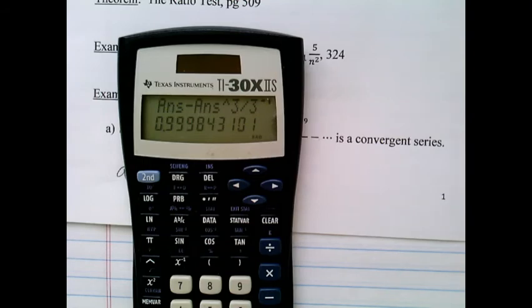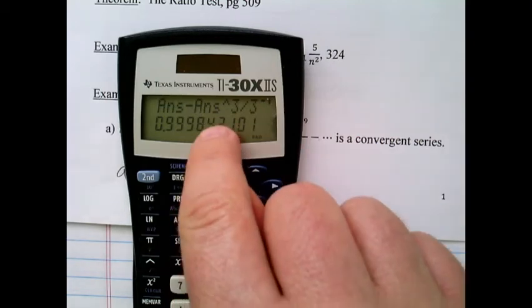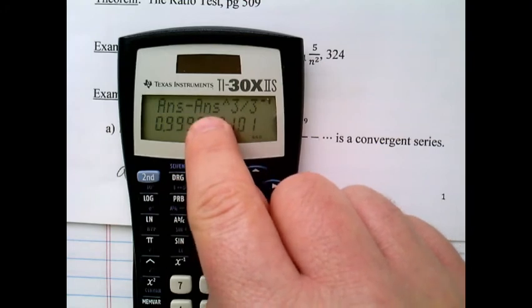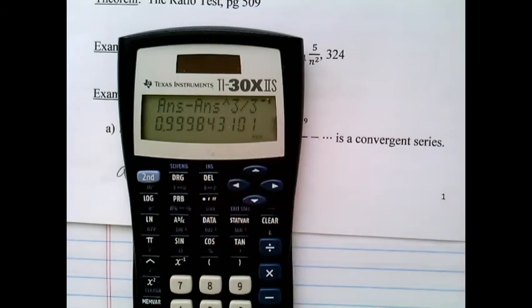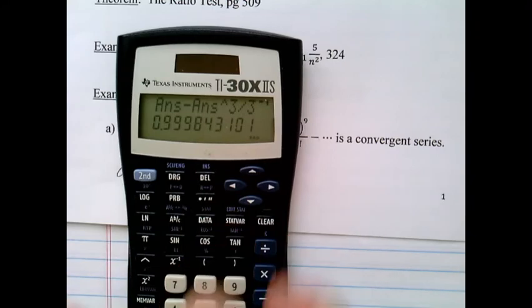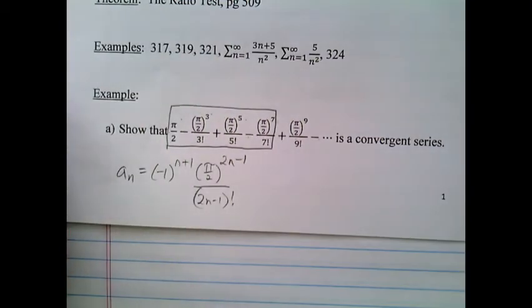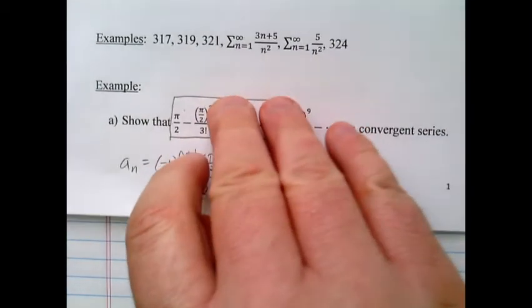So let me see if that is accurate to 3 decimal places. If I rounded that to 3 decimal places, that 8 would make that 9 round up, so that would give me 1.000. Well, if that's accurate to 3 decimal places, it makes you wonder if the true answer is 1, doesn't it?